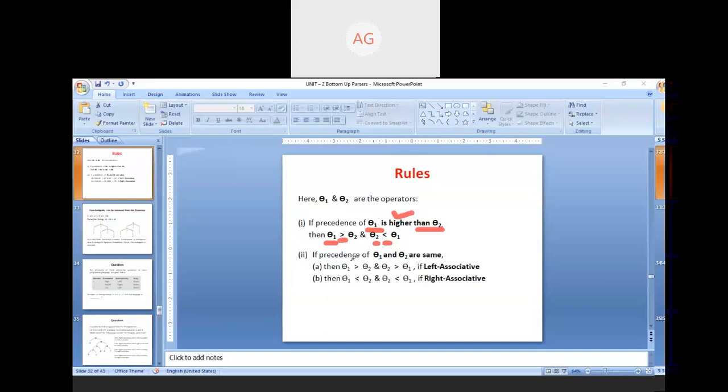If the precedence of theta 1 and theta 2 are the same, then theta 1 is greater than theta 2 and theta 2 is greater than theta 1 in case of left associative. We know that the left associative operators are plus, minus, into, and divide.